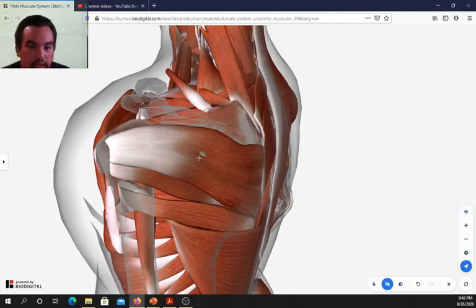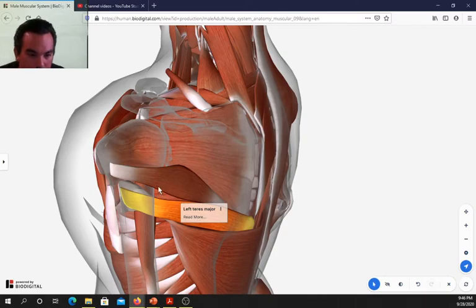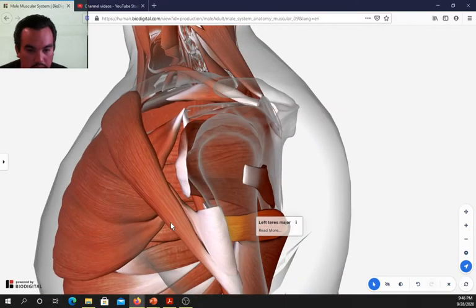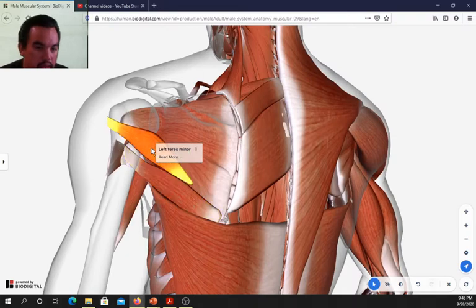And then you can look underneath. Here's our teres major and minor here. Minor, major, right there. See how they both have different kind of connections there though as well. Teres major runs underneath to the anterior portion. Teres minor over the top on the lateral portion.